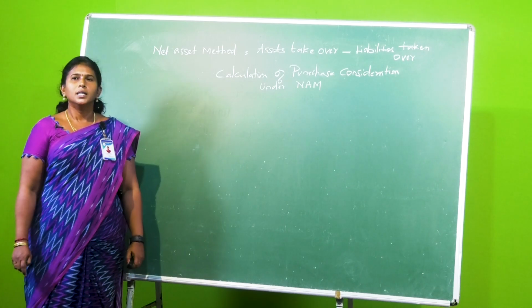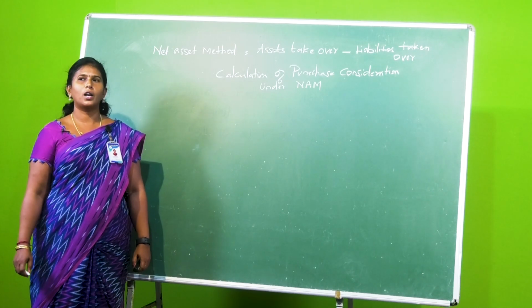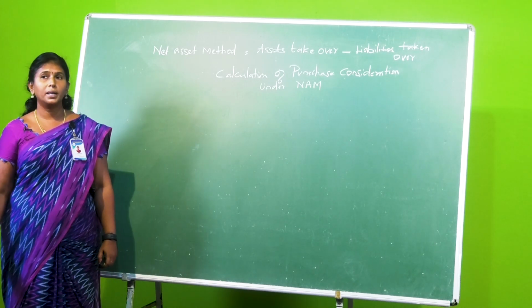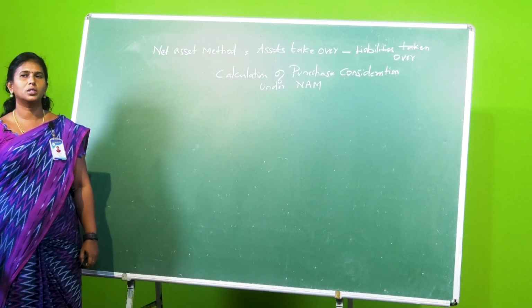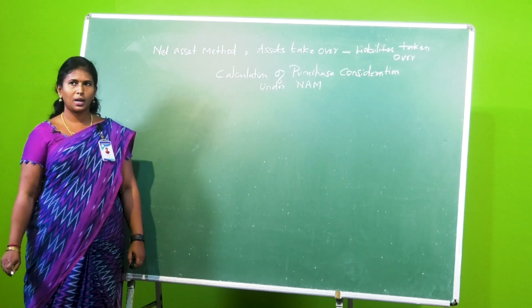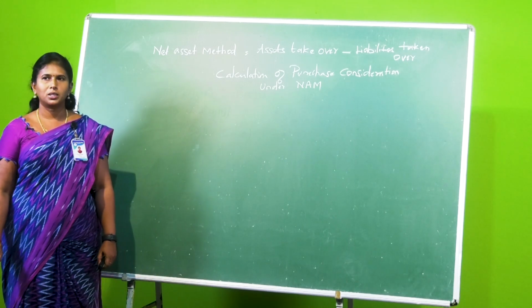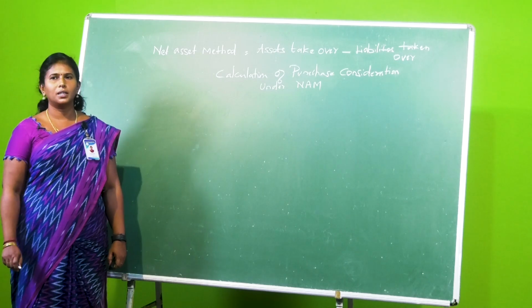Okay. First, let us find out how much is the agreed value of assets taken over. Remember, the assets will be taken over only at the agreed values, not at the book values. So I have to list out the agreed values given for the various assets, while calculating purchase consideration under the net asset method.